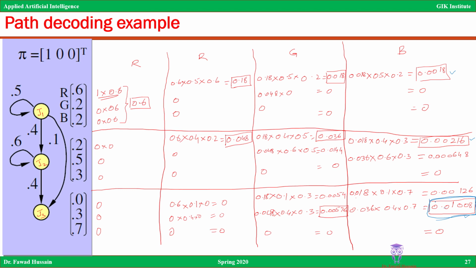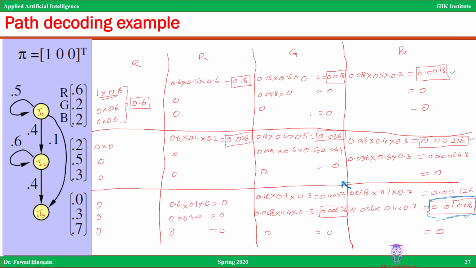How can I end up with this? This is from the first jar, this is from the second jar, this is from the third jar. It means that to be able to get this value, the previous one would have been from the second jar. It means that this value comes here. So I'm going to draw an arrow. This is how I end up with this value.